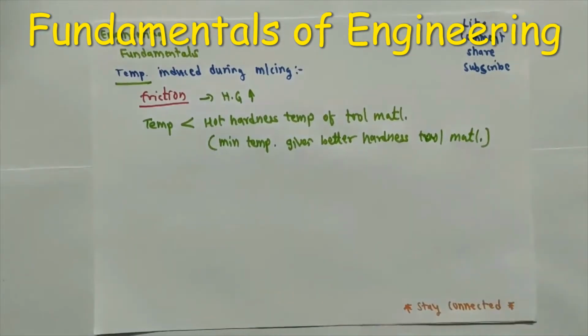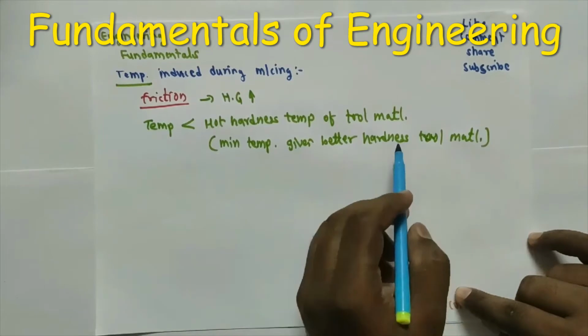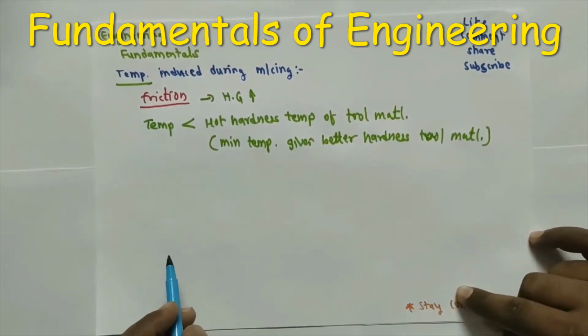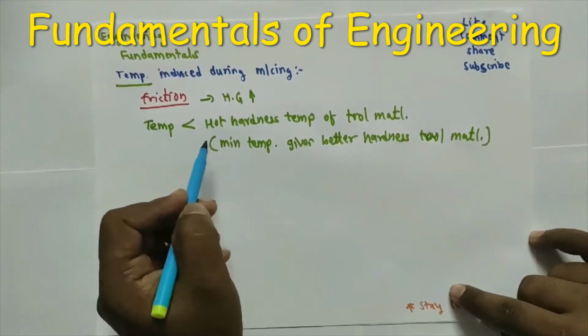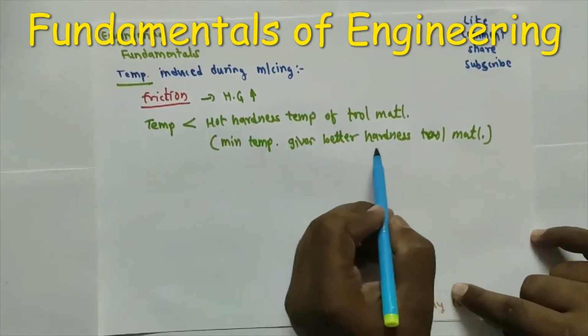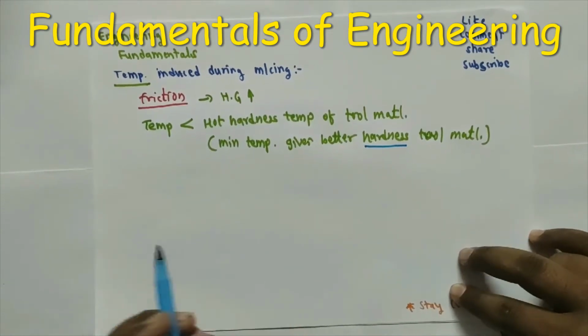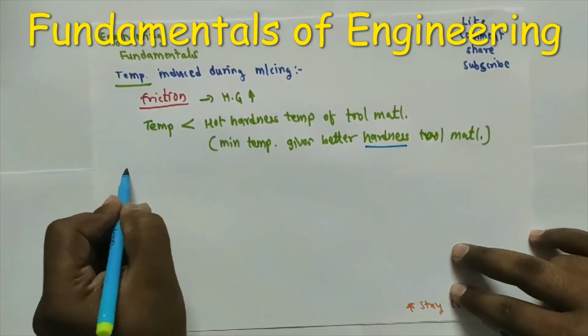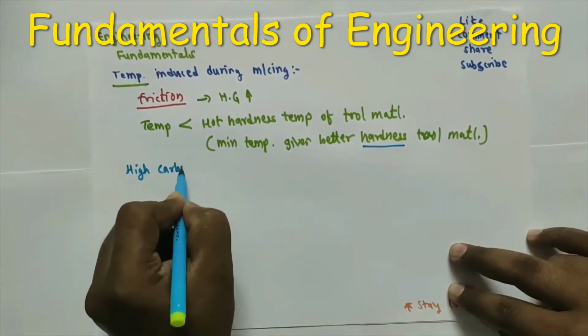If we are getting that minimum temperature, the hardness will be better. If the temperature which is induced is greater than the hot hardness temperature, then the hardness of the tool material comes down. Now for that we will take one example of one tool, that is high carbon steel tool.